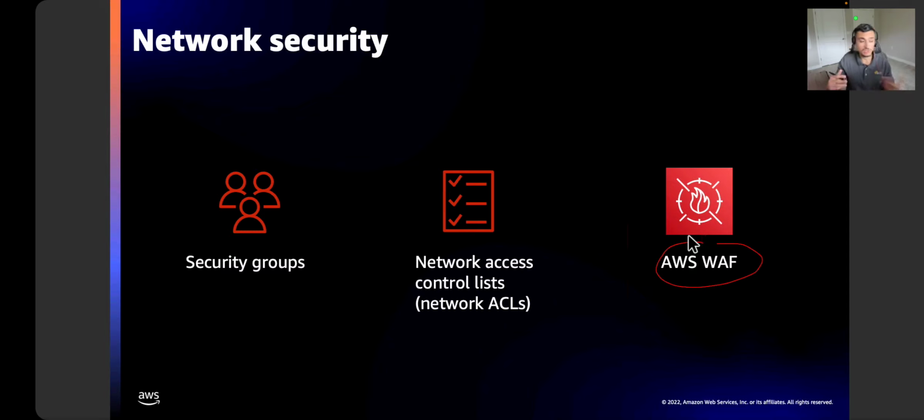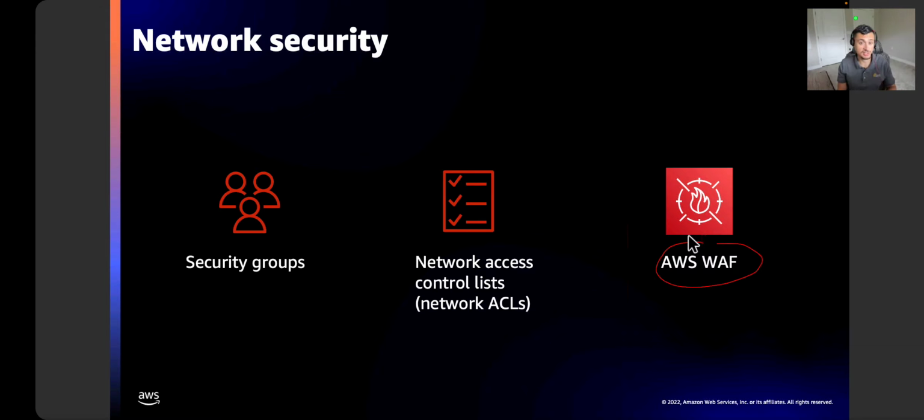We also have to be aware about AWS WAF. AWS WAF is our web application firewall. With AWS WAF, we can set what are known as web ACLs, or web access control lists. This is mainly intended to help us protect against malicious requests on the application layer, right?